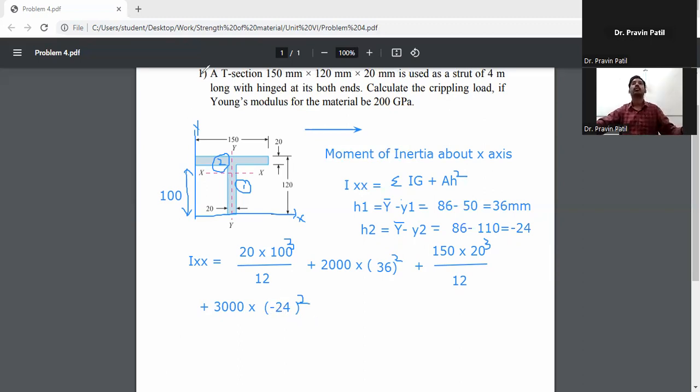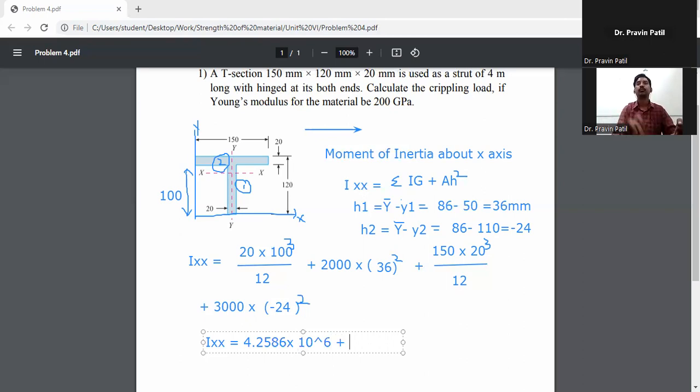Ix is equal to, first term 20 into 100 cube divided by 12, plus 2000 into 36 square. This first value is 4.2586 into 10 raised to the power 6.